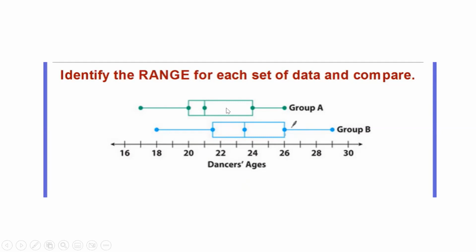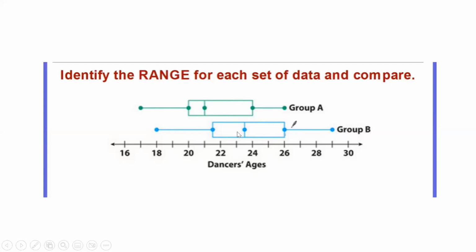Remember that this box here is generally higher than this one. So on the average, if you're looking at the median, you can say that the median age for group B falls around 23.5, compared to the median age of group A, which is what?